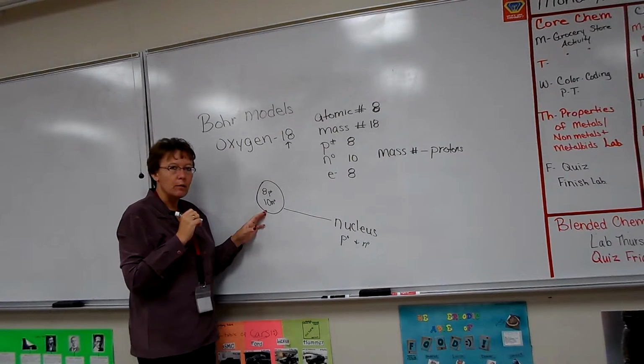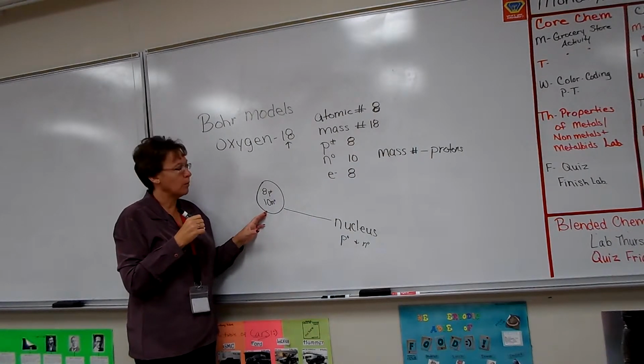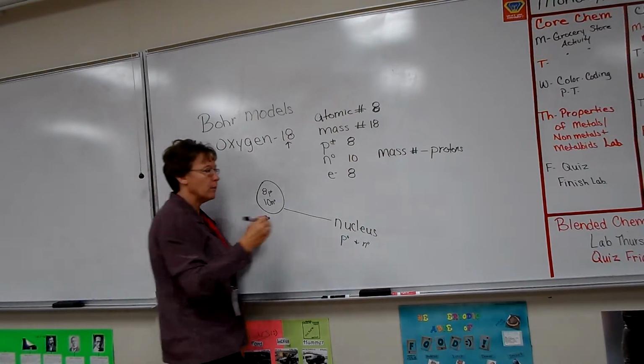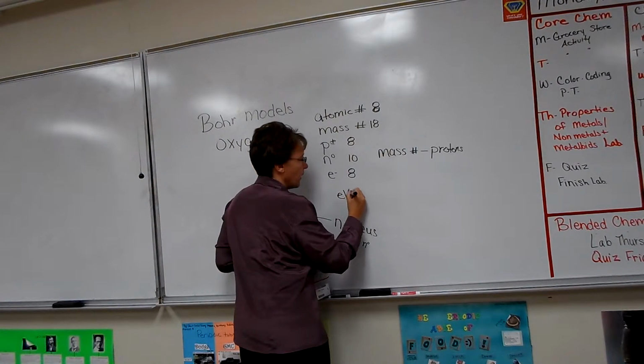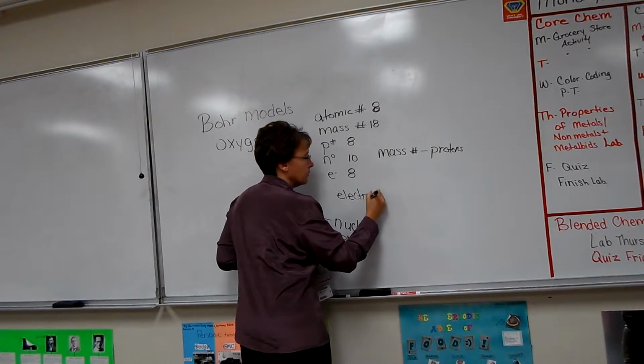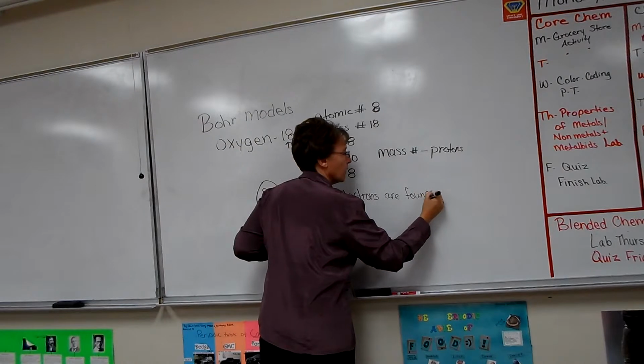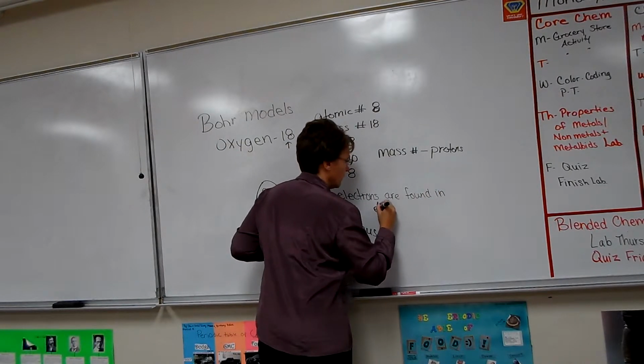And then the other thing that we have to know before we can write a Bohr model is how we're going to put our electrons in. And the thing that we have to remember is that our electrons are found in energy levels.